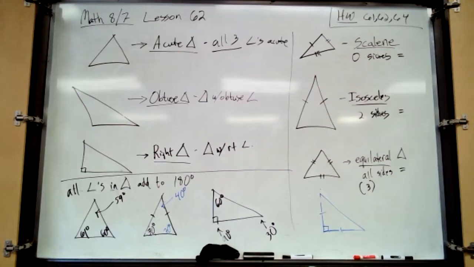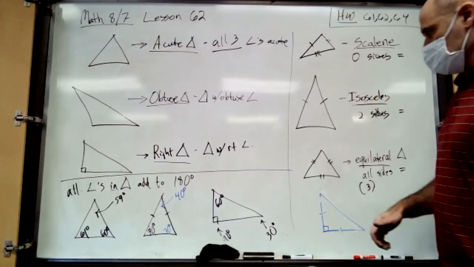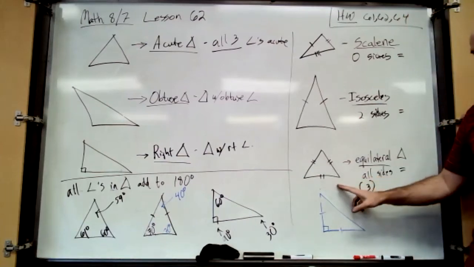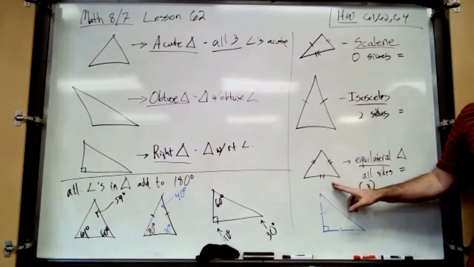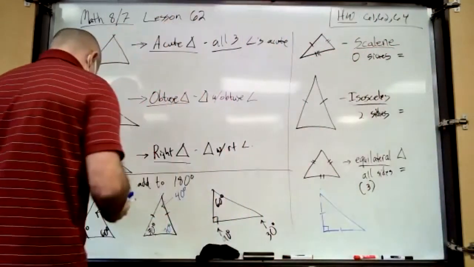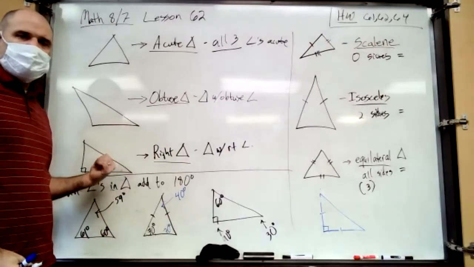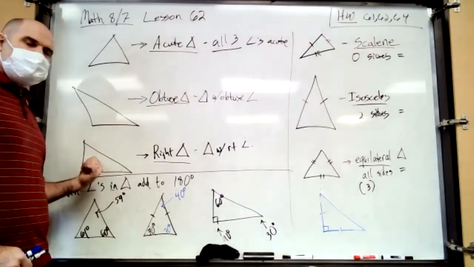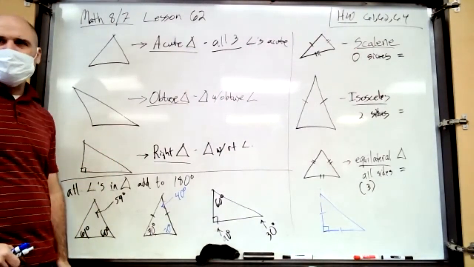I was going to say that the third one on the left side of the board kind of looks like that one. So how would you classify this triangle with sides?